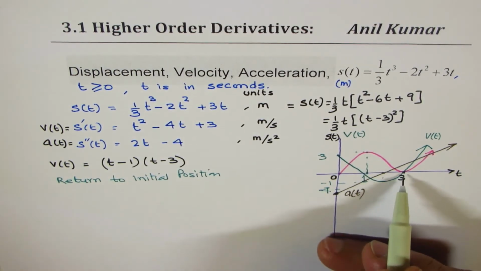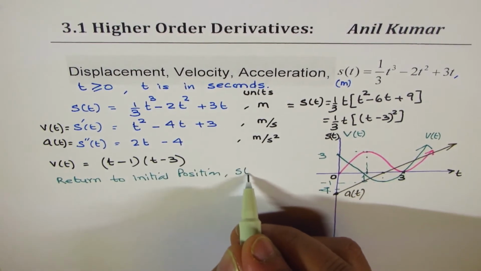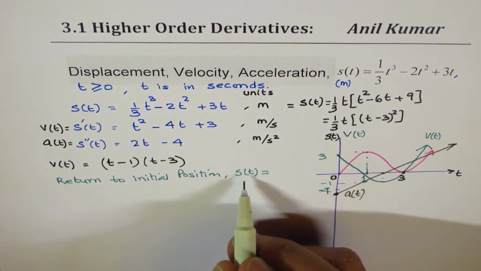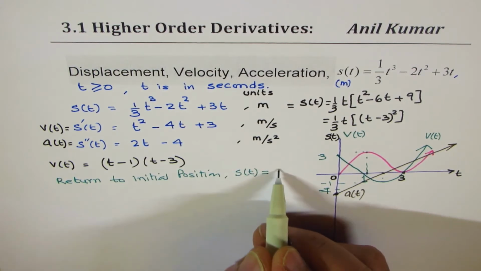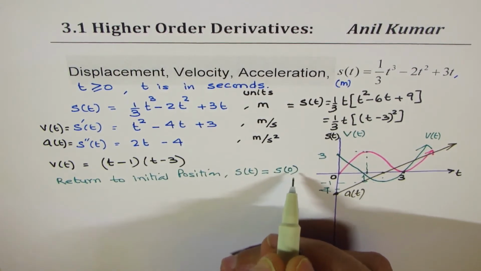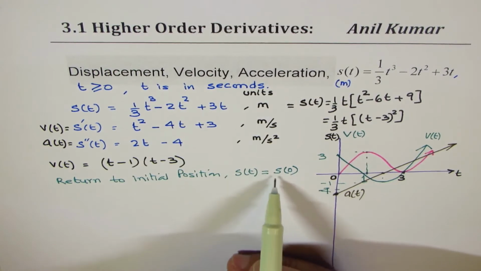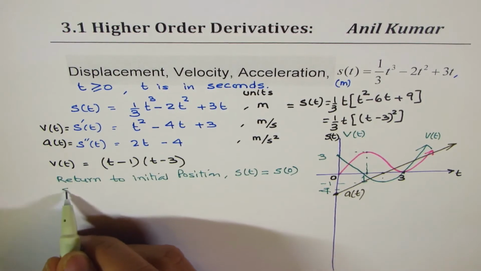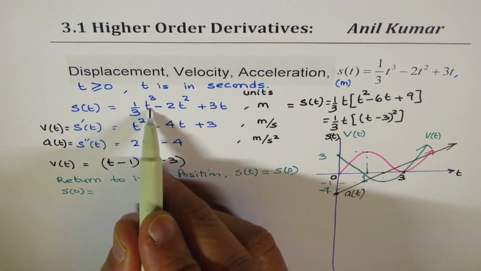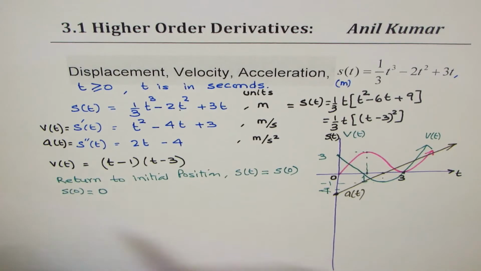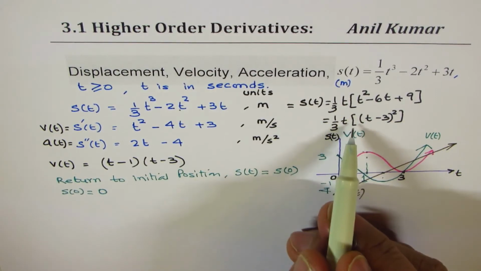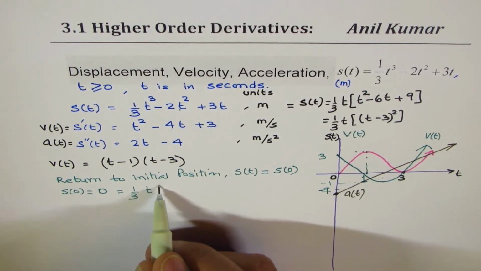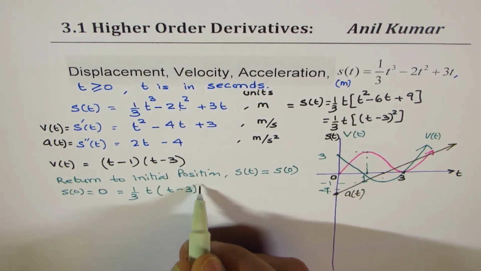When the object returns to initial position, it really means that the displacement is the same as the displacement when t is 0, because the object started at 0. Is that okay? So in our case, s of 0, if I substitute 0 here, is 0, and we have a function written in factored form, which is 1 over 3 t times (t minus 3) whole squared.